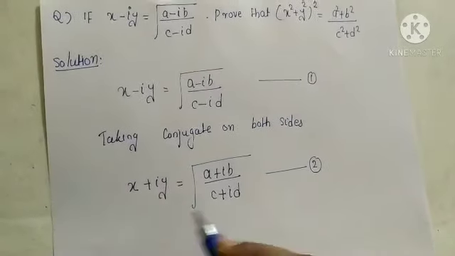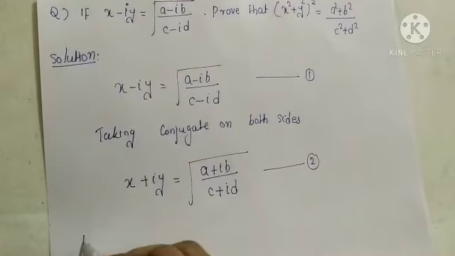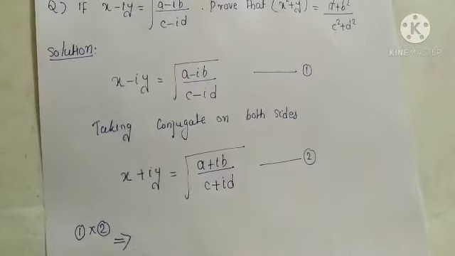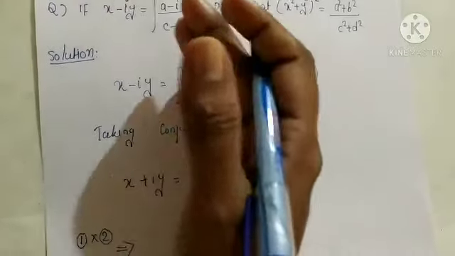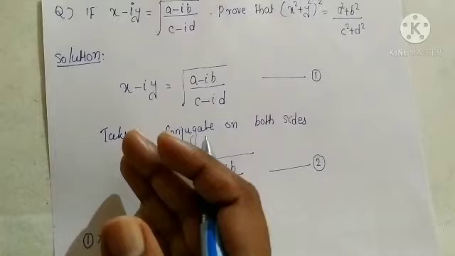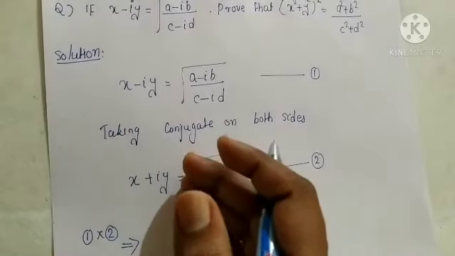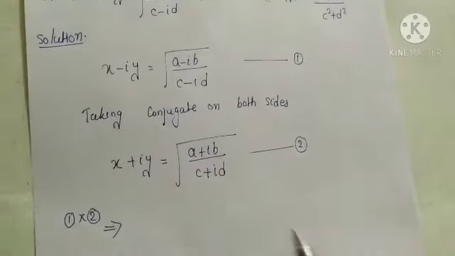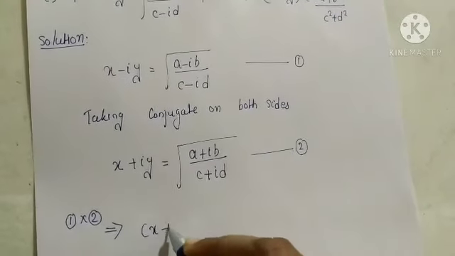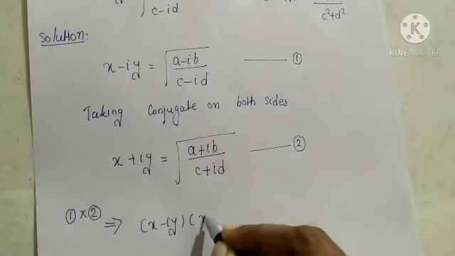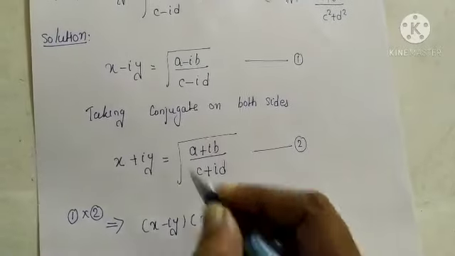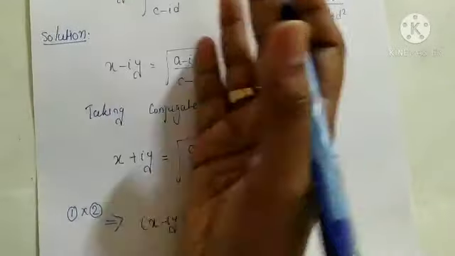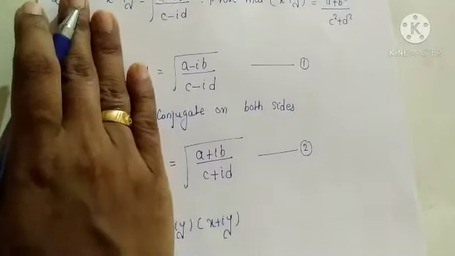Next I am going to multiply equation number 1 into equation number 2 leads to, so multiplying LHS individually and equal to multiplying RHS. Okay, so it will become x minus iy into x plus iy. That means on LHS multiplying these two terms. Next term multiplying RHS term.